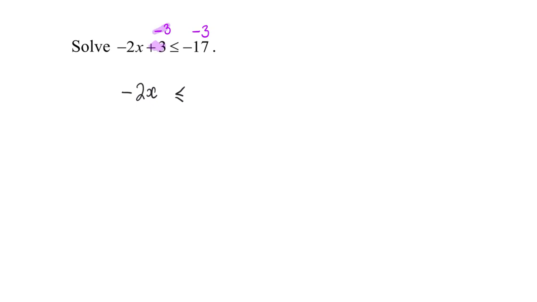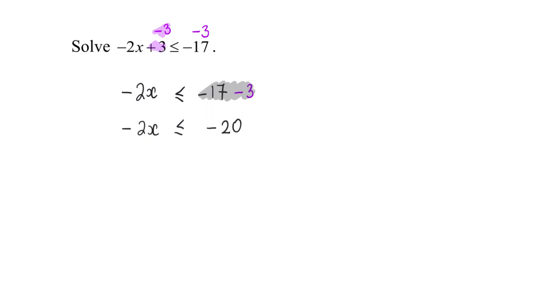This will become 0, so I no longer need to write it, and you will also see me writing negative 17 minus 3. So negative 2x is smaller or equals to, well, this will give me negative 20.